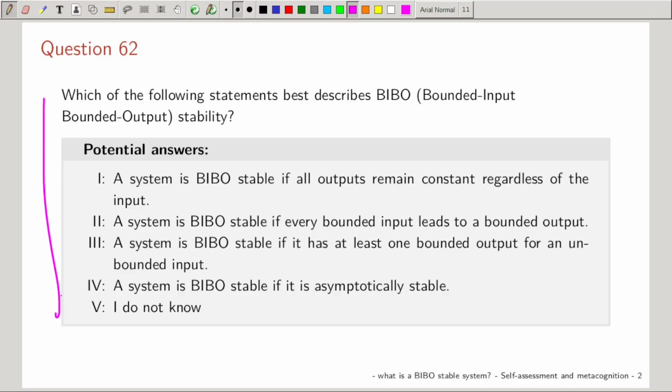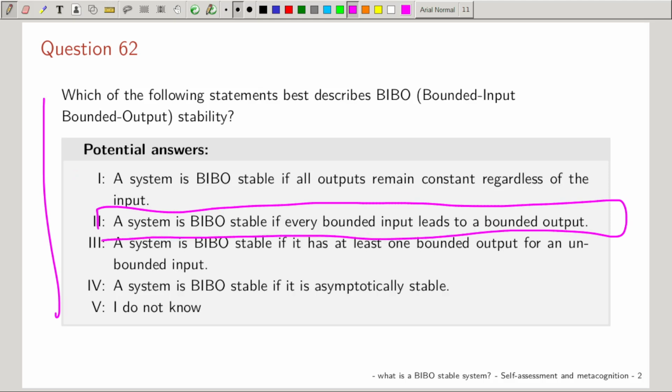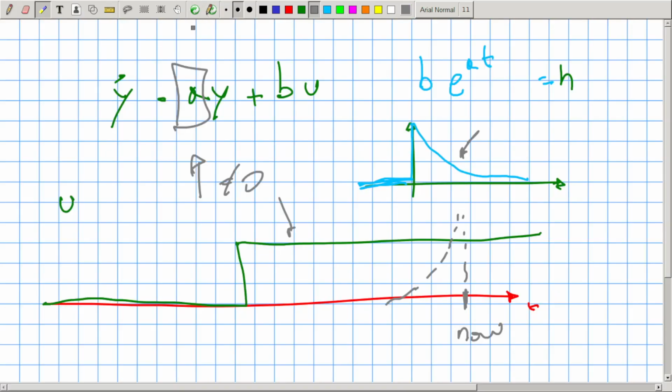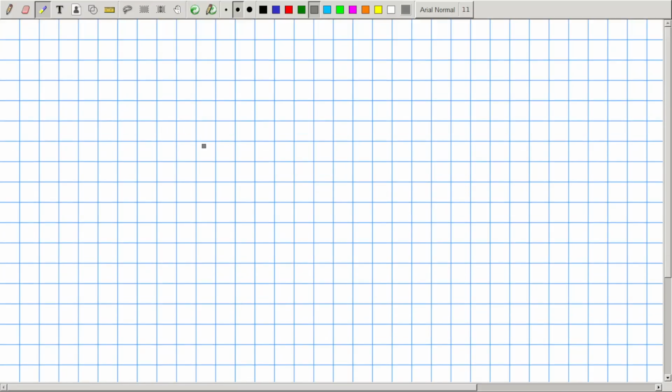So, people, what would you say? If every bounded input leads to a bounded output, okay? Every is key. If there exists one that is not good, then it's unstable. It's similar to the situation we were having with marginal stability.